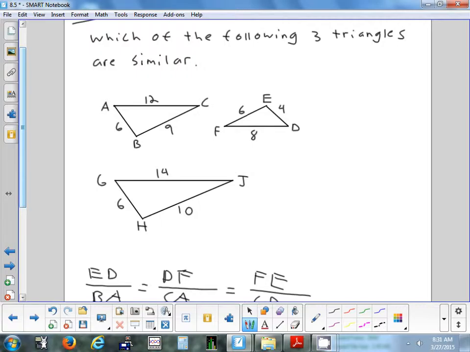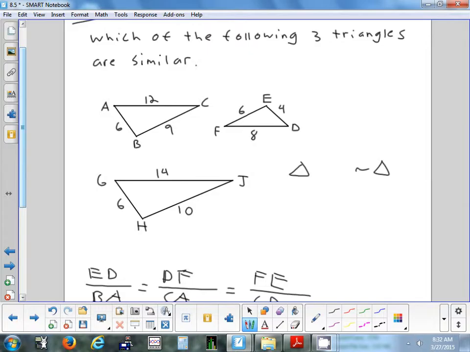All right, so now when we write it, we just want to be careful how we do it. So Ian, could you give me the ordering of which triangle is similar to which?